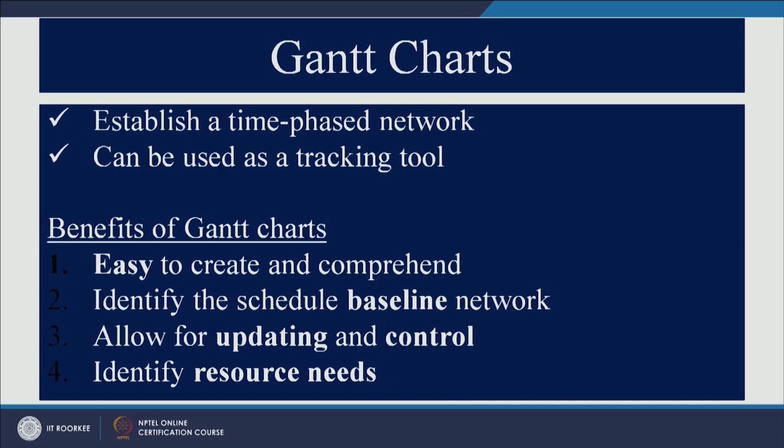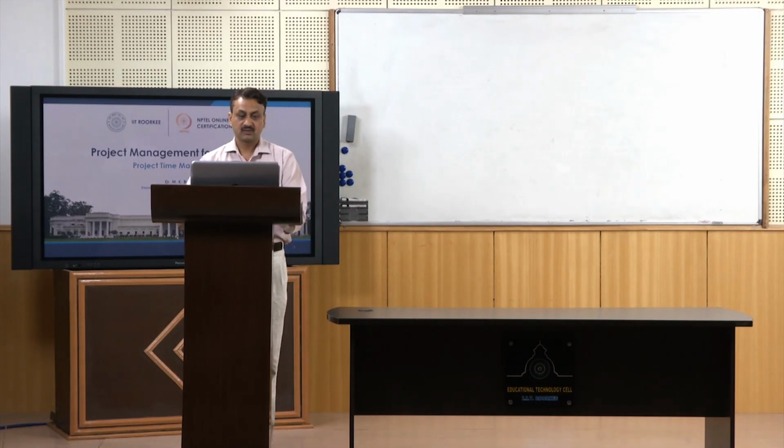It can be every month or every 6 months, or if you have achieved a milestone, you can come up with a new bar chart once you achieve a particular milestone. So these are a couple of benefits of Gantt charts.